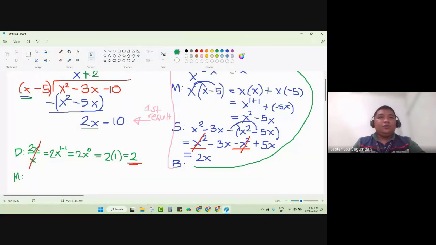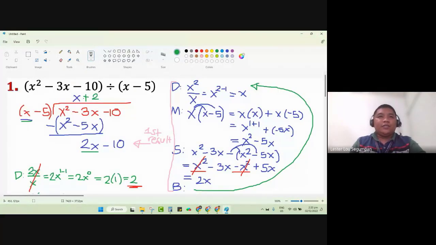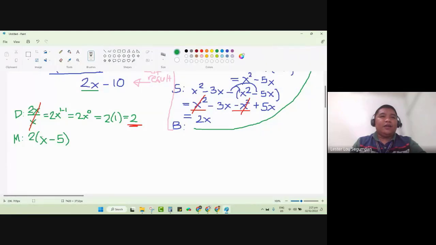You're going to multiply 2 to the entire divisor x minus 5. Just like earlier, your first quotient was x. So quotient times your divisor, x minus 5. Here, our second quotient is 2 times x minus 5.